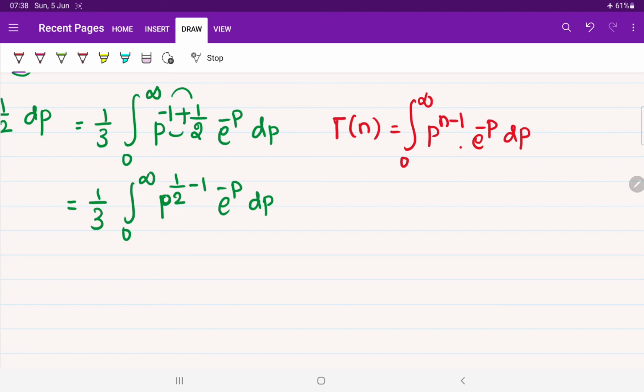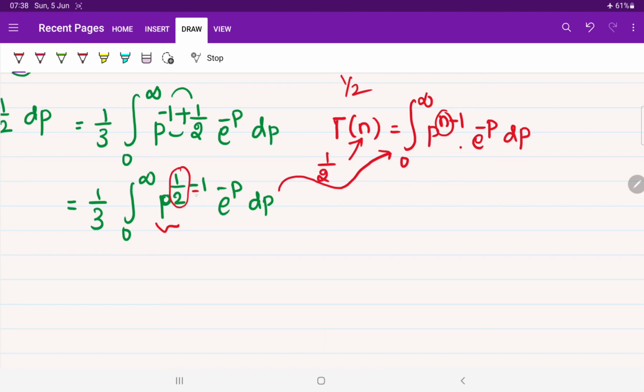So here, if I am comparing this expression with this expression, see there we are having p power 1 by 2 minus 1. See, in place of n we are having 1 by 2 undoubtedly. So the value of n is 1 by 2. I can easily identify it.